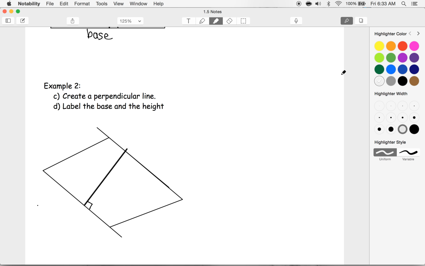All right, and there you have it. Let me just cover up my extra lines. You see nothing. Nothing happened. Goodbye, extra lines. There. So in this case, this bottom could be my base, and this could be my height.